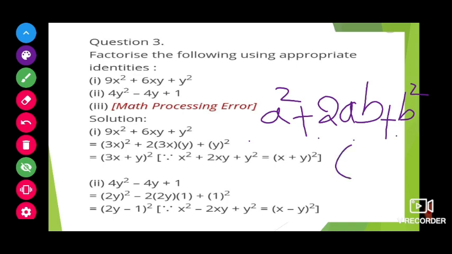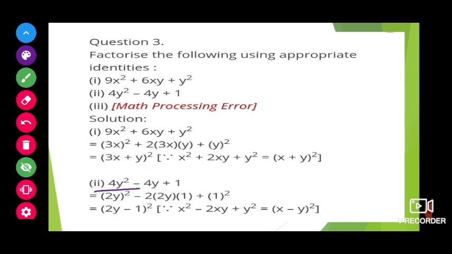What is the formula? a plus b whole square. So a is what here? 3x. b is y. So we will get a plus b whole square, which means 3x plus y whole square. That's it. Next one, 4y square minus 4y plus 1.